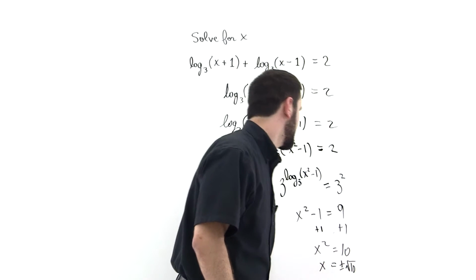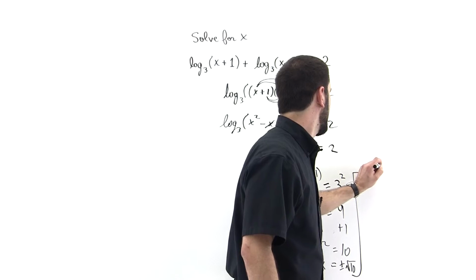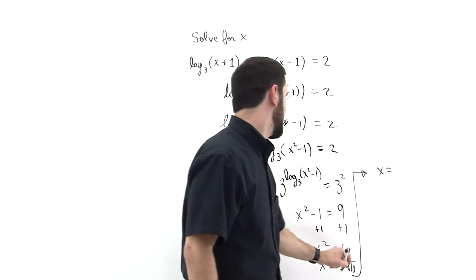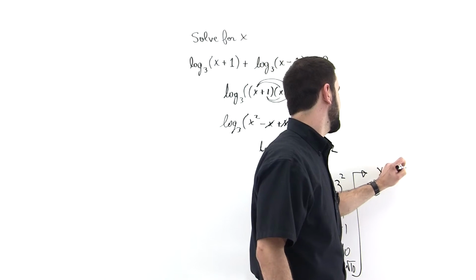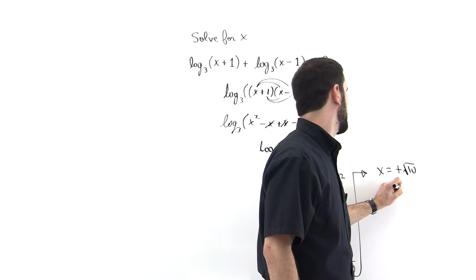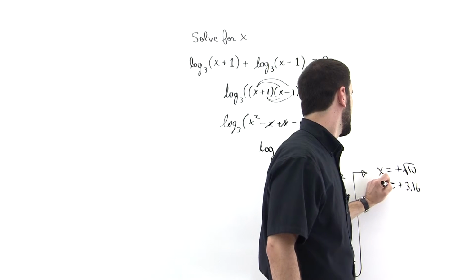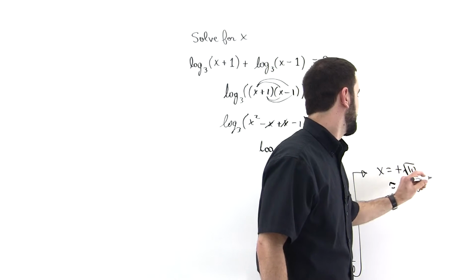But that's not the end of the story, because let's come right here. What this says is x is equal to positive square root 10, which is approximately equal to positive 3.16. So this is approximate.